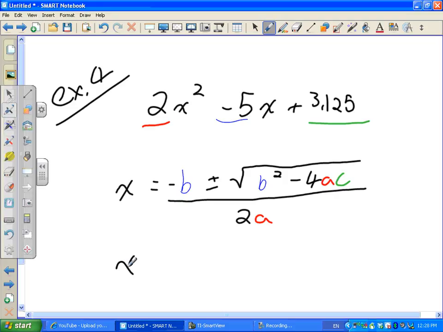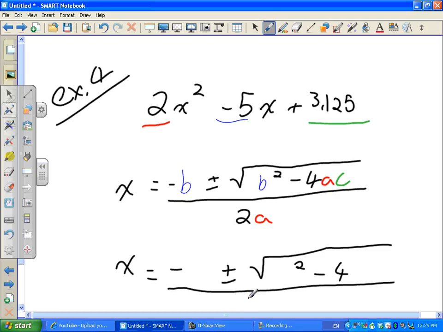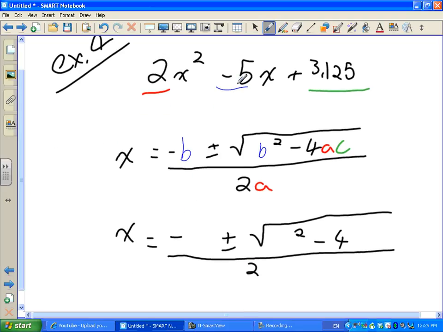So we have x is equal to negative b plus or minus the square root. When I go to plug this in, our B is negative 5. Okay?